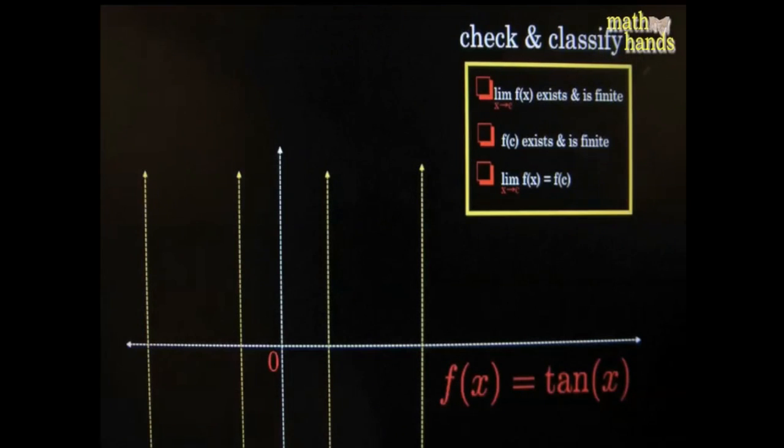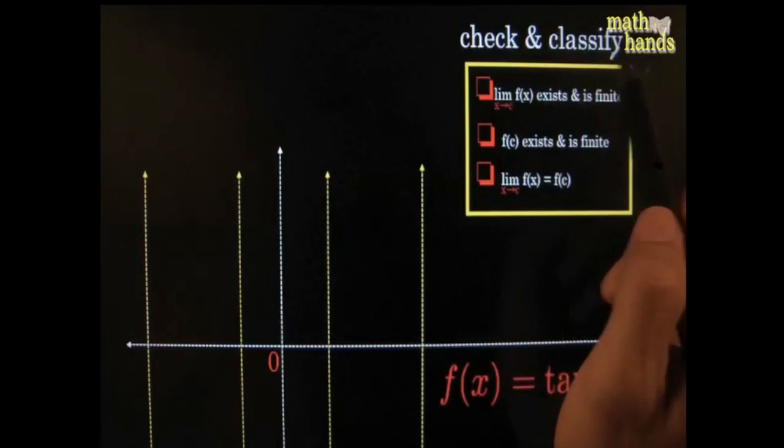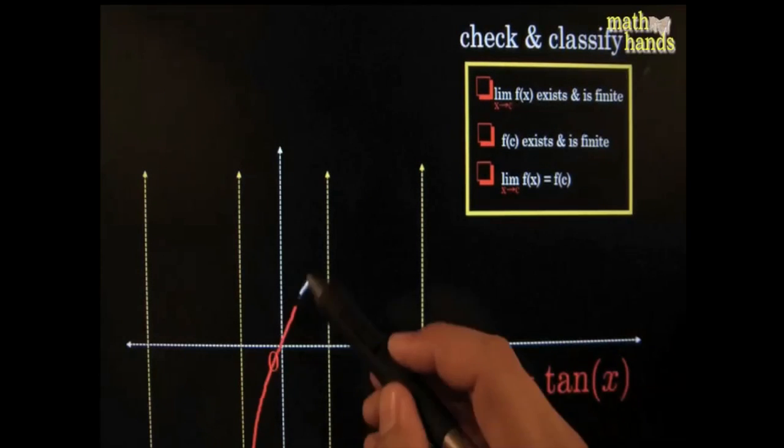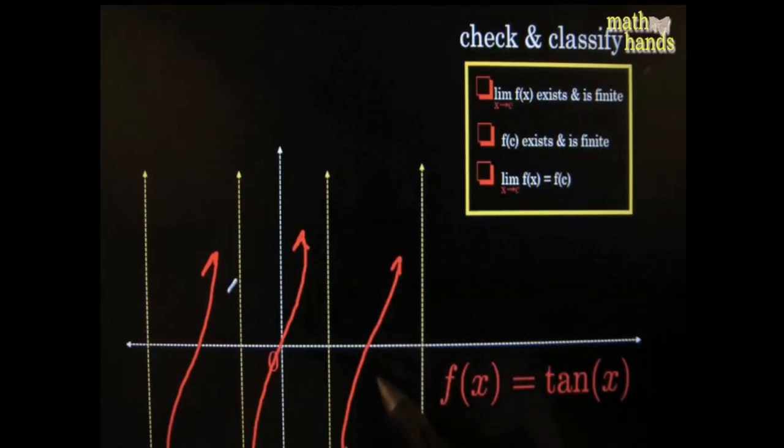Alright, let's do some famous ones. It's a common question to ask you to check for discontinuities and classify them. The tangent graph is of course famous. It looks like this. What kind of discontinuities do we have?